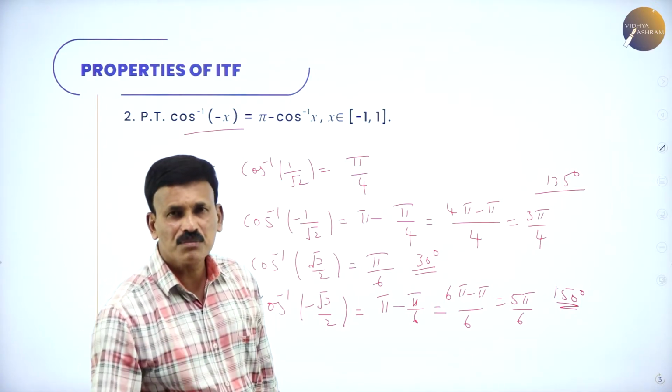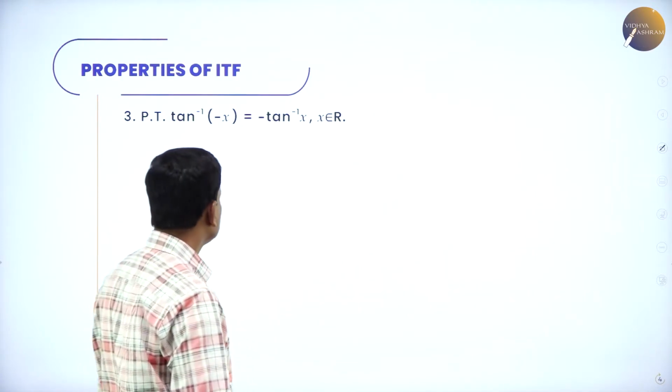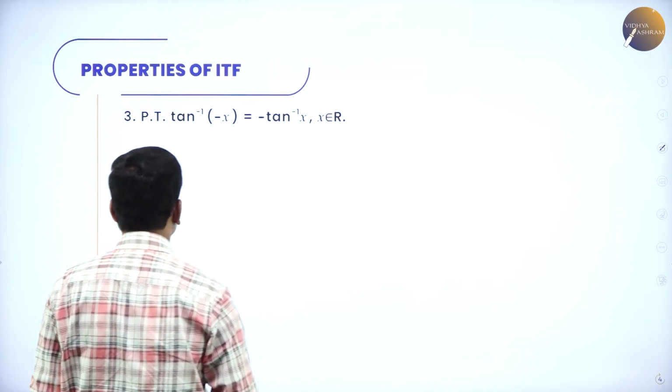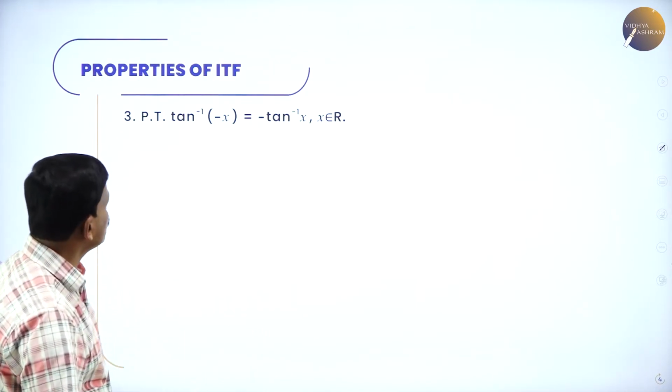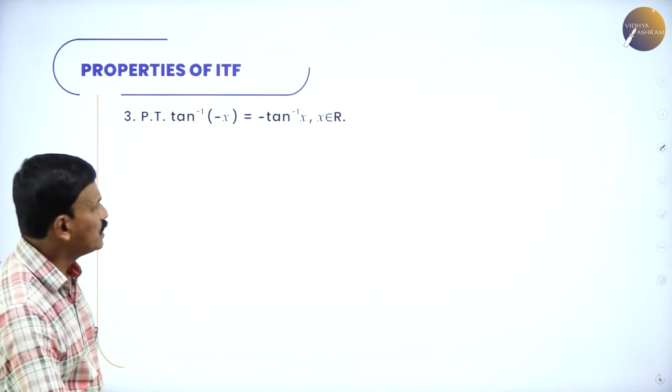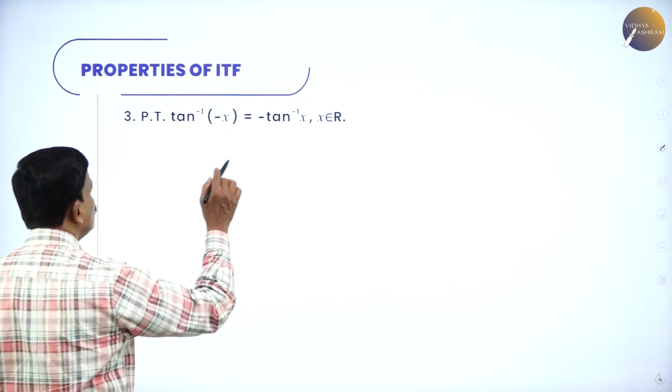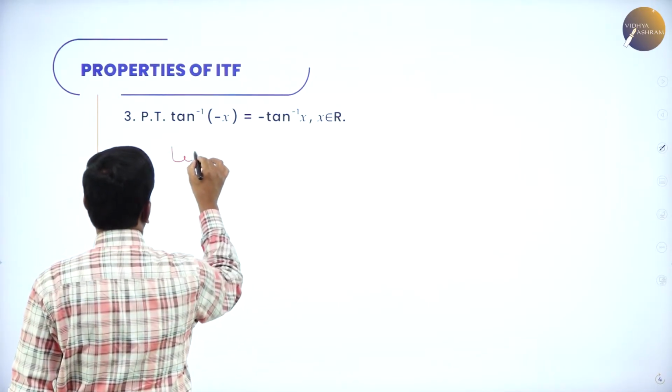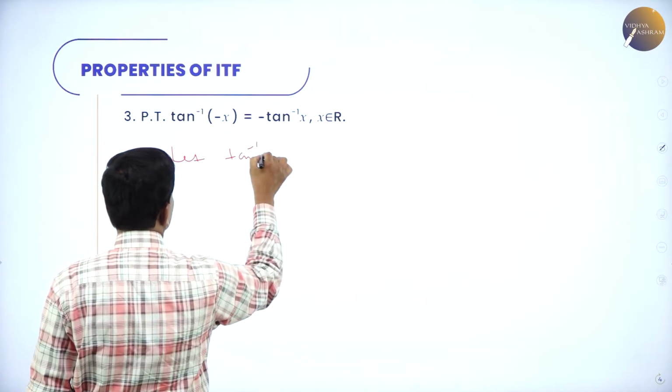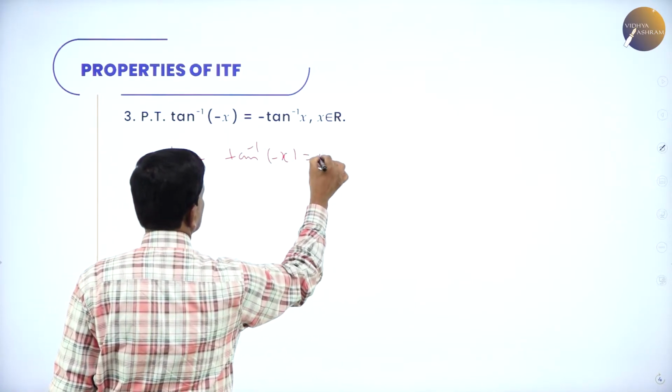Okay. Now let us come to the next one. Next property. What is the next property? To prove that tan inverse of minus x is equal to minus tan inverse x, where x belongs to R, the real numbers. Now let us consider tan inverse of minus x is equal to theta.